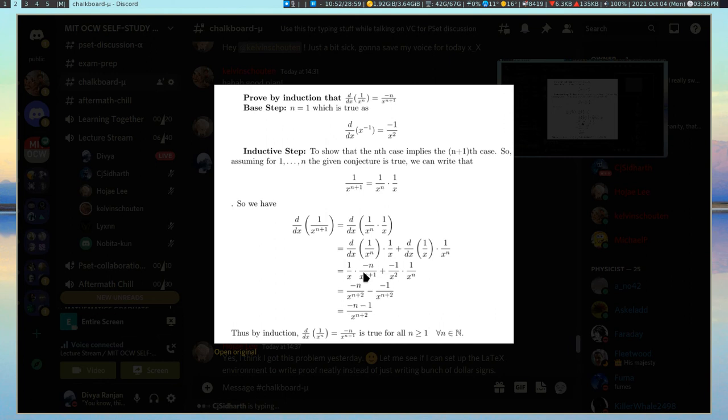But you get to minus n minus 1 and x to the n plus 2. Oh no, okay, wait. This should be a typo, or where is it? This should be minus n plus 1, right? I don't know.